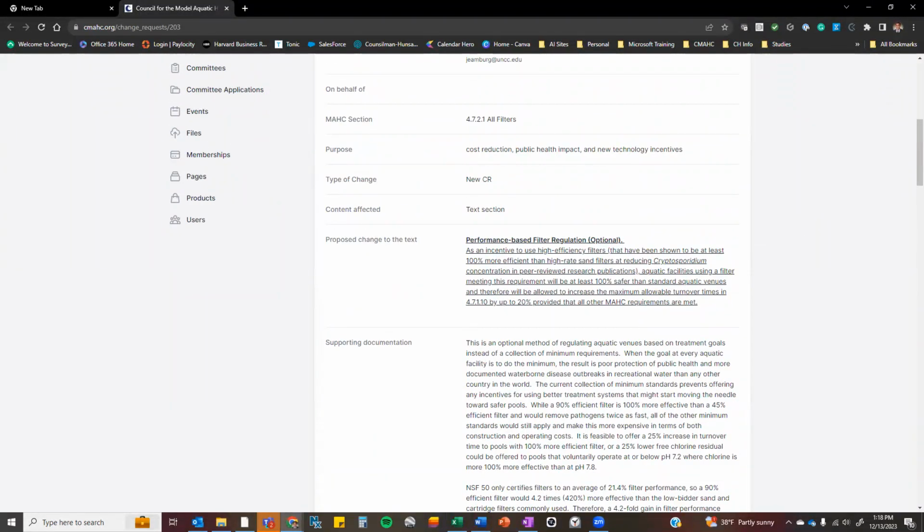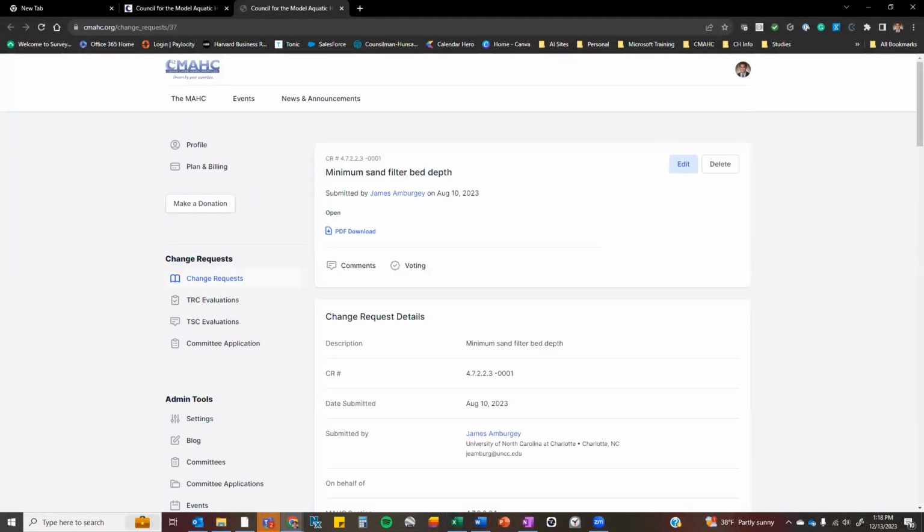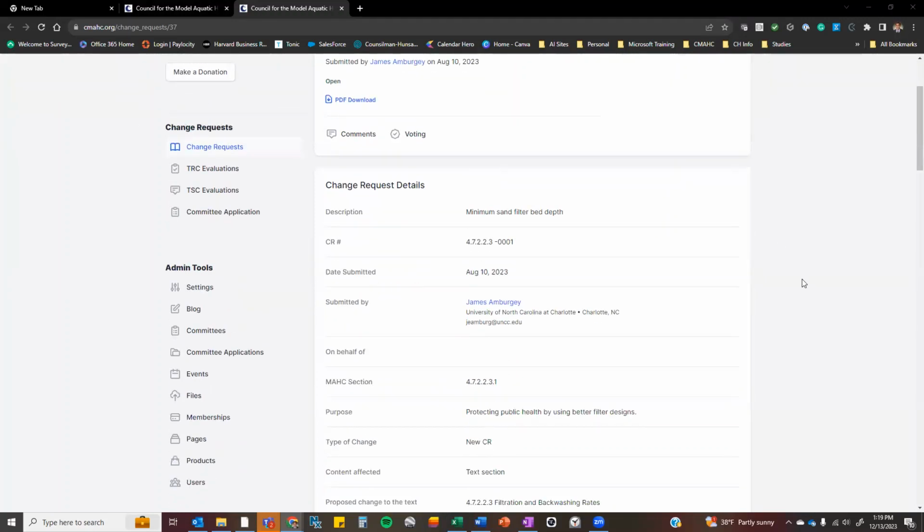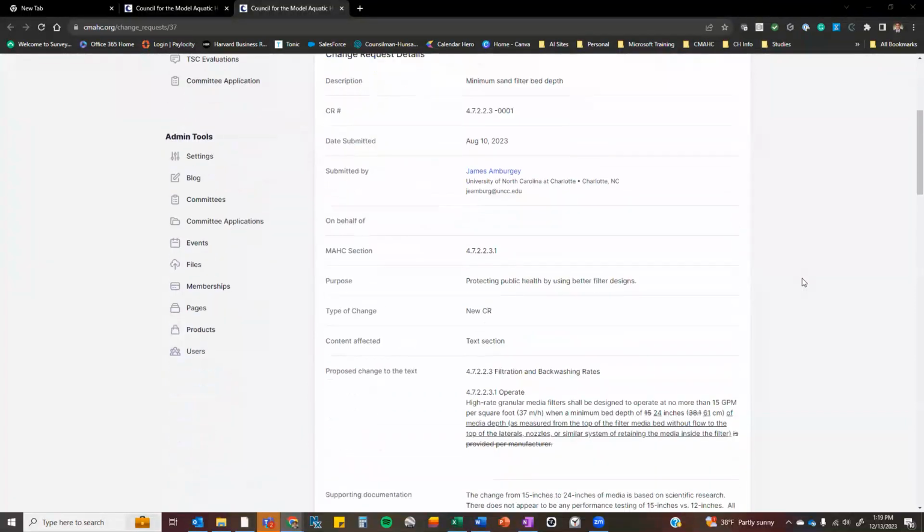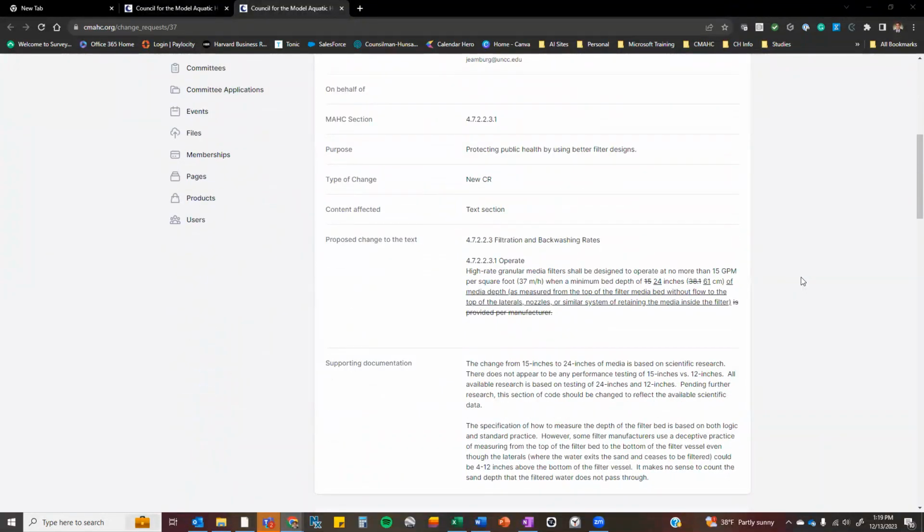All right. Another one from James. This is minimum sand filter depth. This is 4.7.2.2.3, in the filter and backwashing rate section.